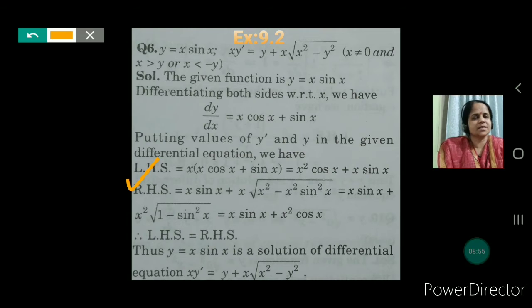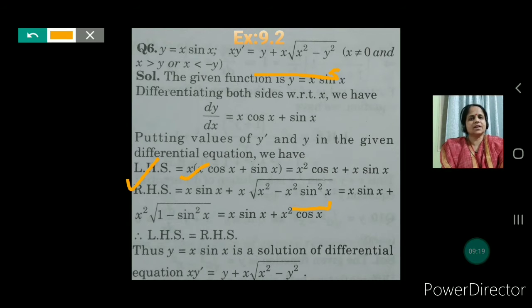See, in RHS, here it is y plus x under root x square minus y square. So in place of y you have to write x sin x, then plus x as it is, under root x square as it is. In place of y you have to write x sin x, so y square is x square sin square x, okay students.